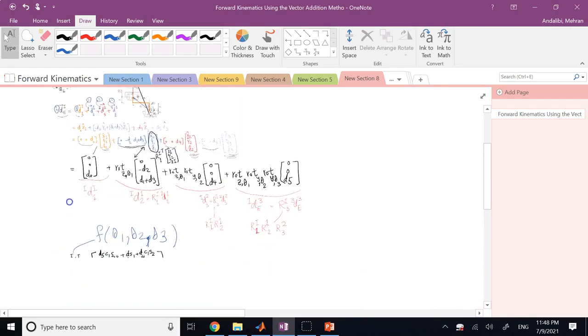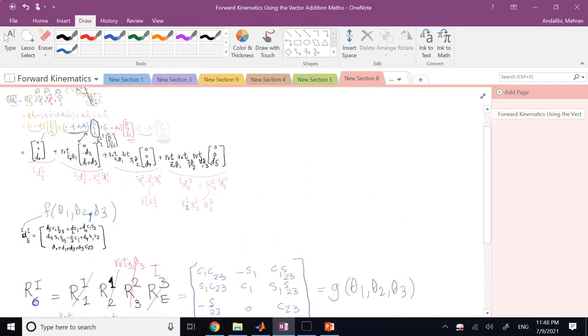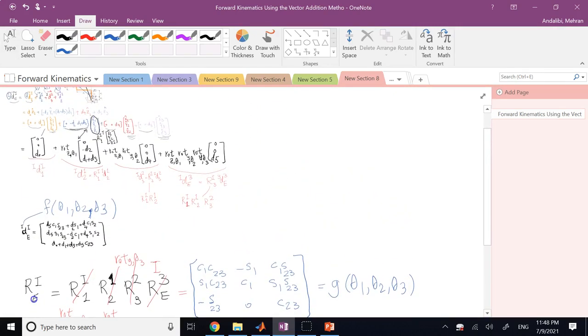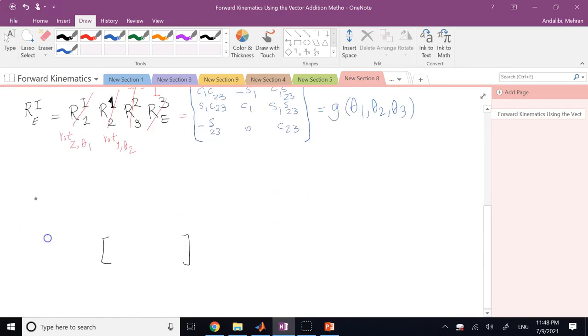So now do you see what I did? Yes? So this is what I did. Instead of writing it like this, 0 negative d2 and d1 plus d3, times those x1, y1, and z1, I wrote it as what?